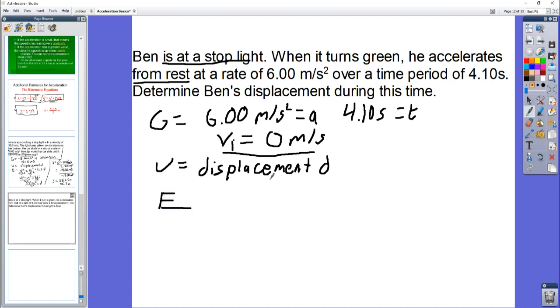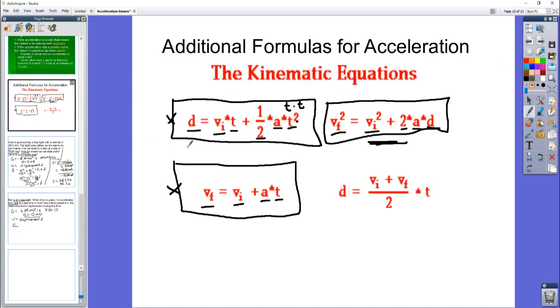So what equation? All right, so we need an equation that has D, T, A, and V sub I. Let's take a peek. D, V sub I, T. Perfect. Look at that. First time's a charm. So we need displacement. We have acceleration.